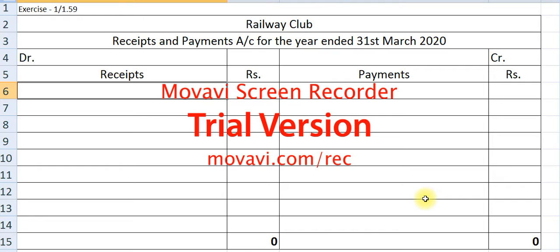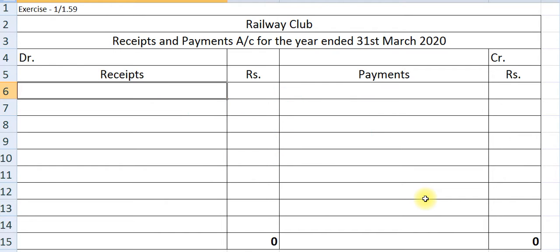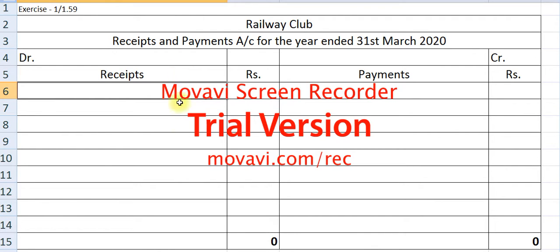So there is no partiality between revenue and capital. All natures will appear under receipts and payment account. If it is inflow, then it will come under receipt side. If it is an outflow, then it will go to payment side.